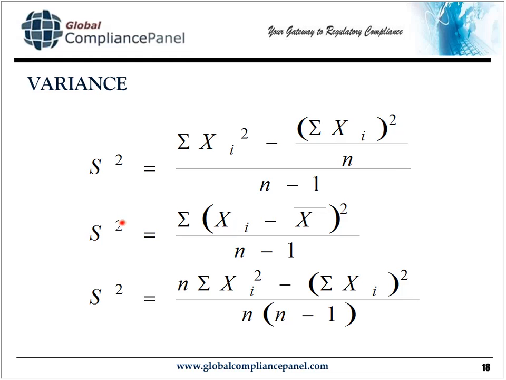Now remember, the standard deviation is nothing more than the square root of the variance here. Now, the variance is useful because this is a positive number, and you can manipulate it like any other number. You can add them together, you can subtract them, and all this. The standard deviation, however, is a plus-minus number. It's plus or minus the standard deviation.